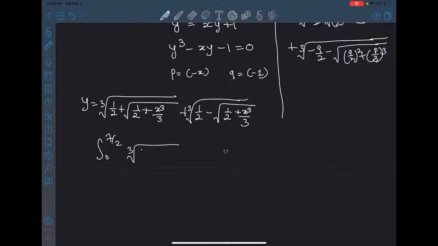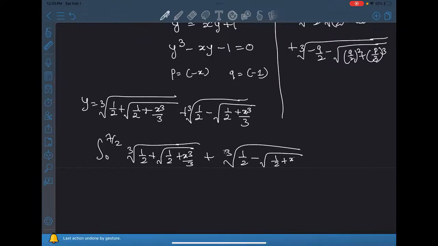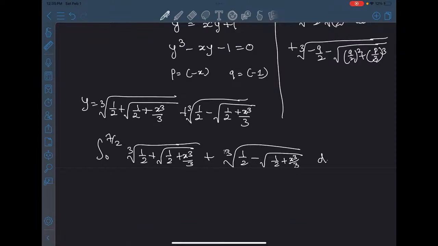I don't know that, right? Because this is exactly the same. I know that, but how do I even integrate this? This looks so tough, right? You may get a pattern.